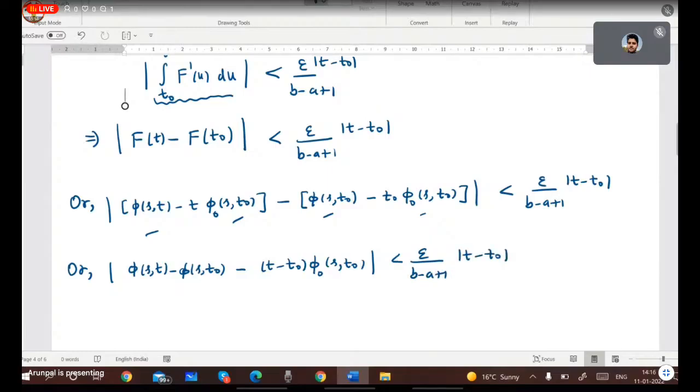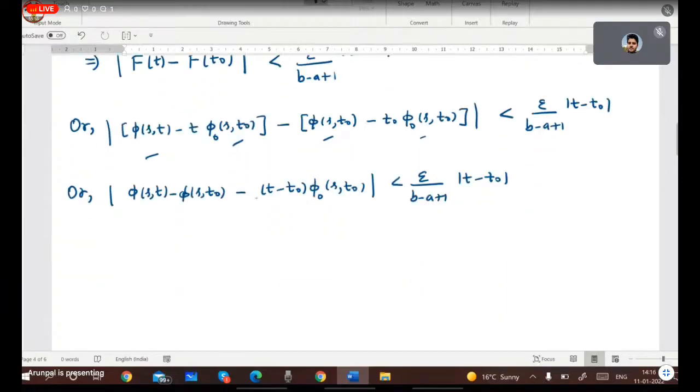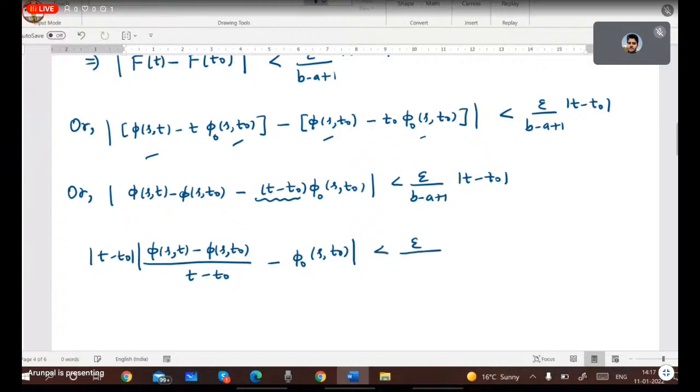And now class, what I can do is take t minus t naught common. So you will have this minus this divided by t minus t naught minus phi naught of s comma t naught, modulus, less than epsilon upon b minus a plus 1.